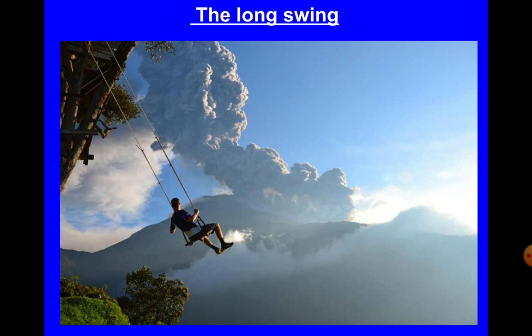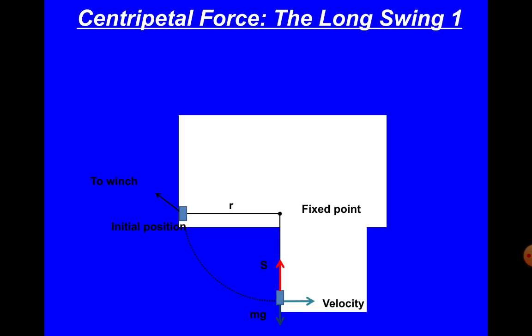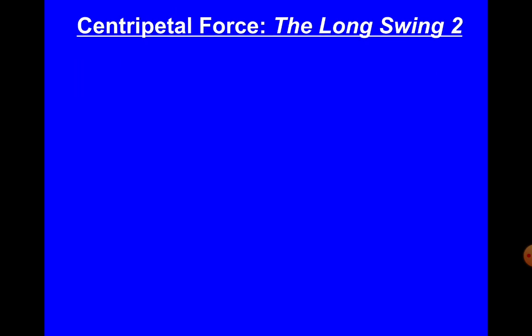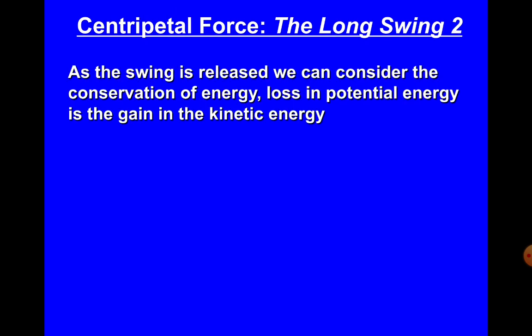The long swing. Consider a person of mass m on a very long swing, going from the top to the bottom. We have an initial position. Now, as the swing is released, we can consider the conservation of energy.